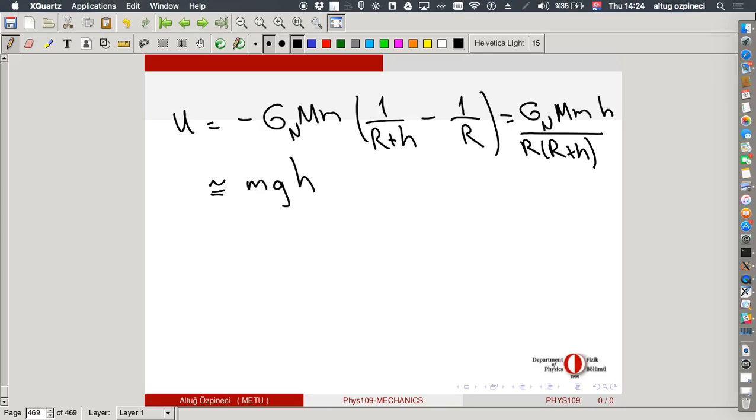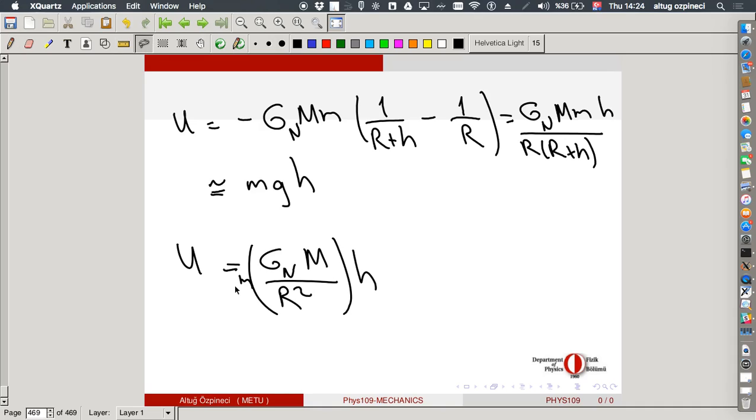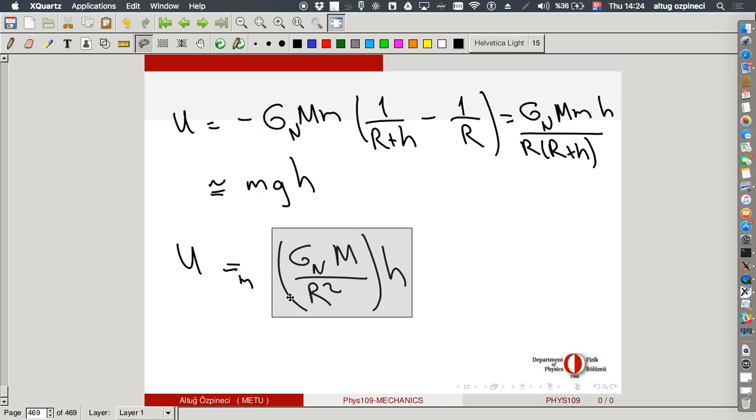Now let's look at this one. It will be equal to G M m h over r times (r plus h). When we are talking about radial distances, r is something like 6,000 kilometers, and h is, let's say, just 100 meters. Compared to 6,000 kilometers, 100 meters is negligible.